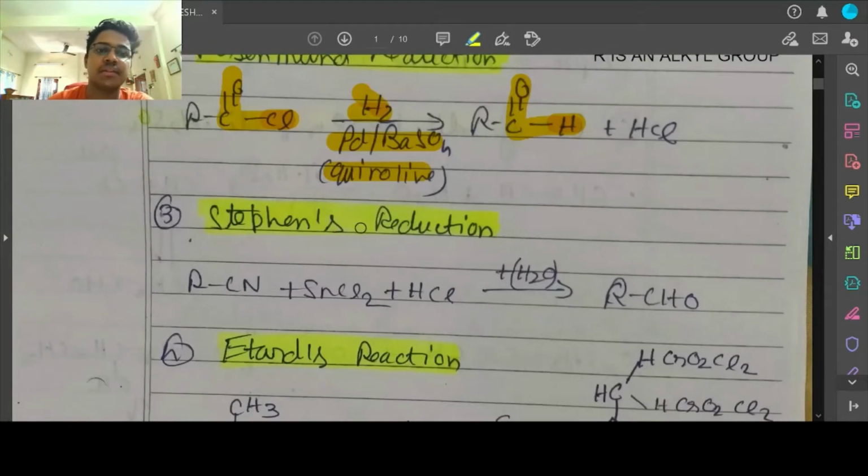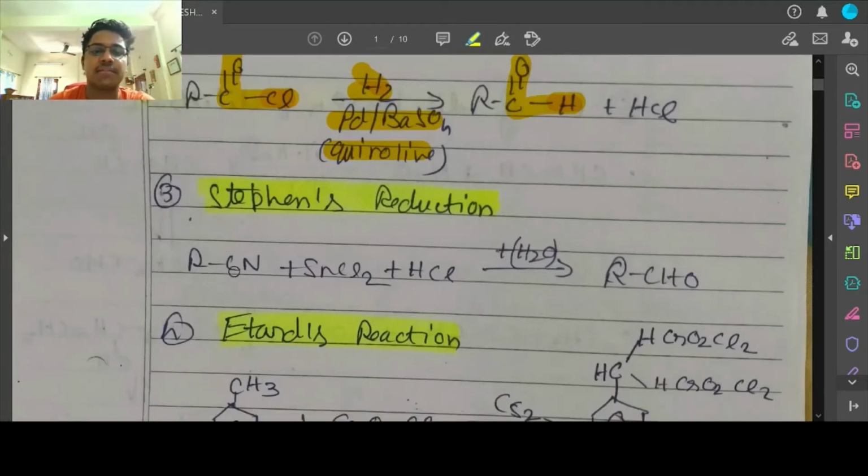Now comes the Stephen reduction. Here we start with a cyanide. RCN reacts with SnCl2 and HCl in the presence of H2O and gives RCHO. This reaction is important.